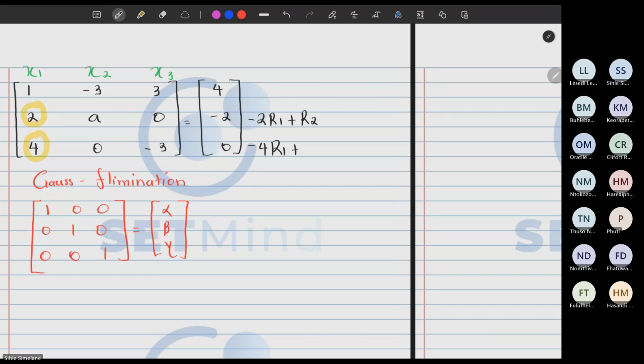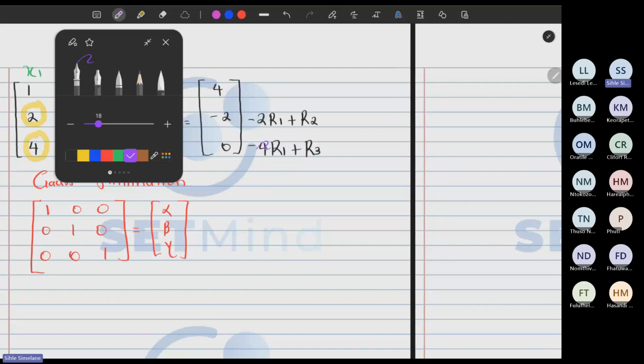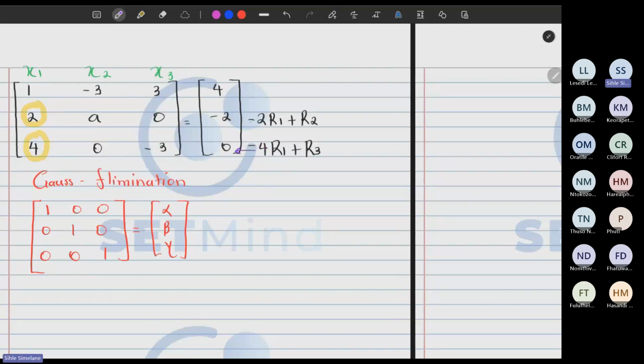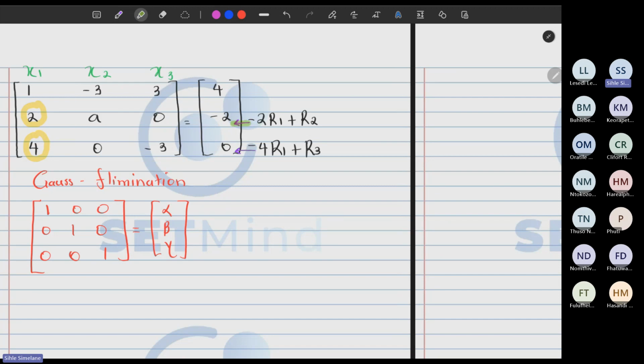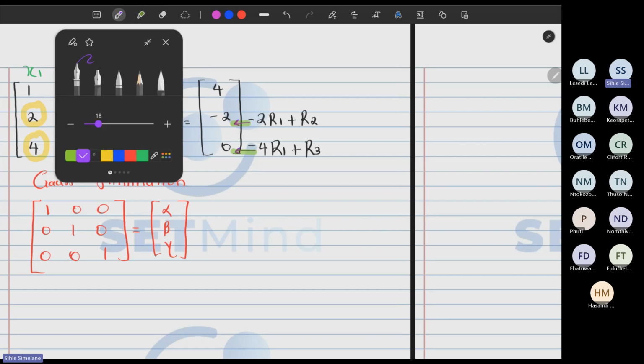It's very important that the operation you are making is parallel to the row on which you are making the operation. We don't write these randomly and put them anywhere. Note that this is acting on row 2, that's why it's on row 2. This is the operation we are performing on row 3, that is why it is on row 3.